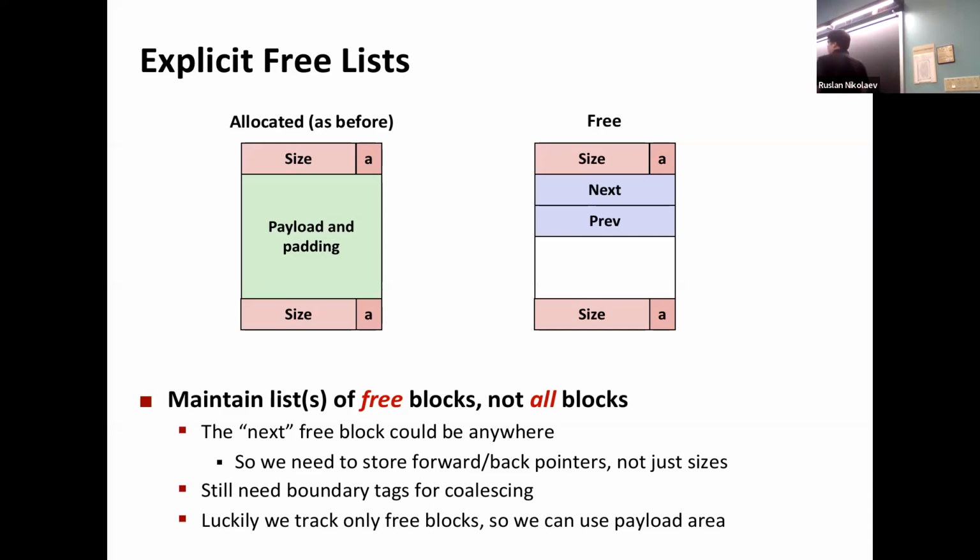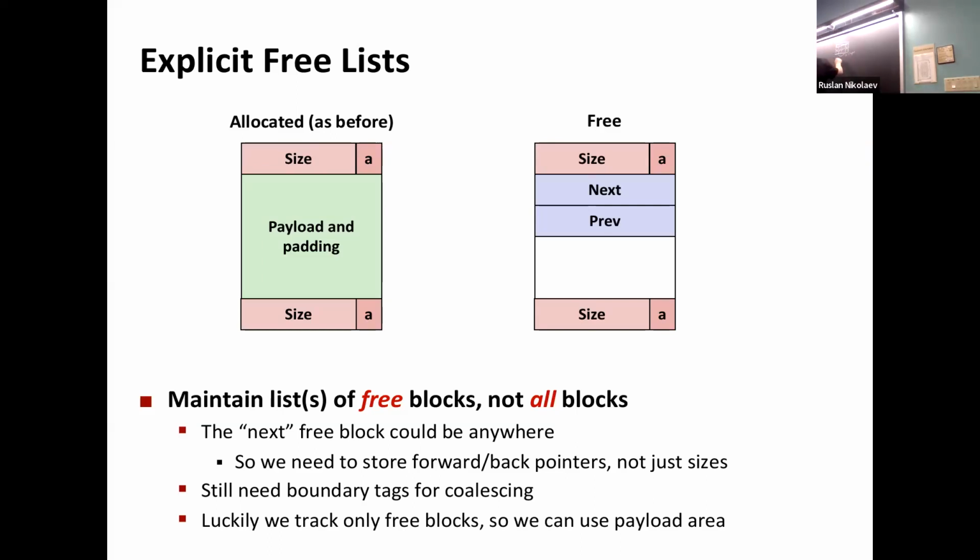Now I'm going to free this one. Currently, this is the useful data, something that the user is using. For a moment, let's assume that the payload area is greater than or equal to 8 bytes for a 32-bit CPU or 16 bytes for a 64-bit CPU, so that we can at least fit 2 pointers there.